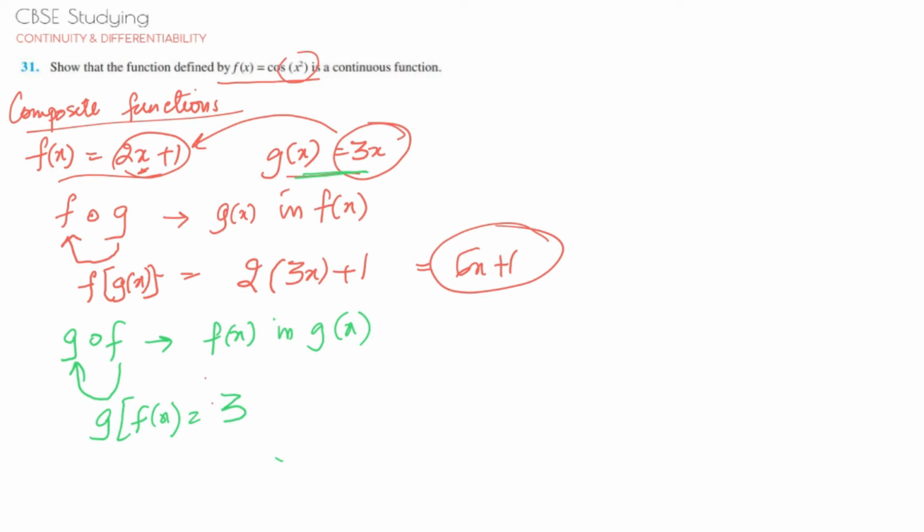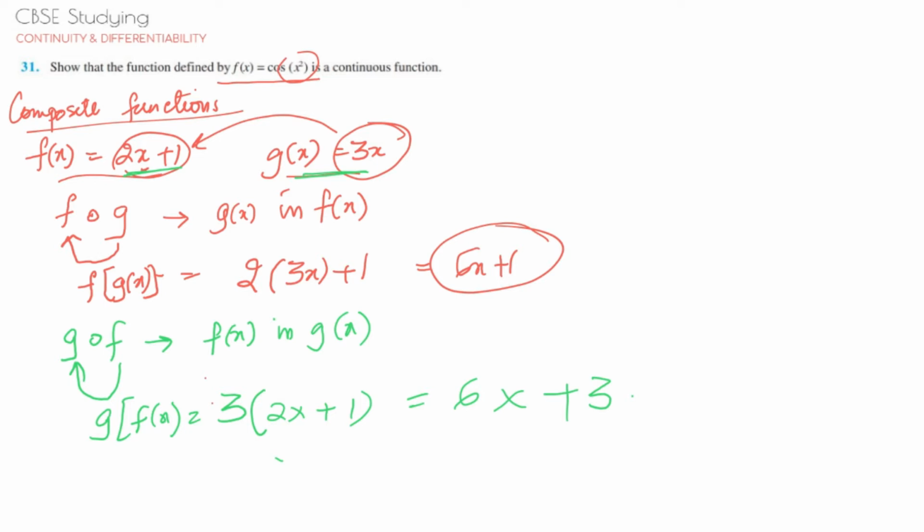So I will write 3 into, in the place of x, I'm going to substitute f of x, 2x plus 1. That is 6x plus 1 again. Sorry, 6x plus 3. Right? So this is your f of g and g of f concept of composite function.